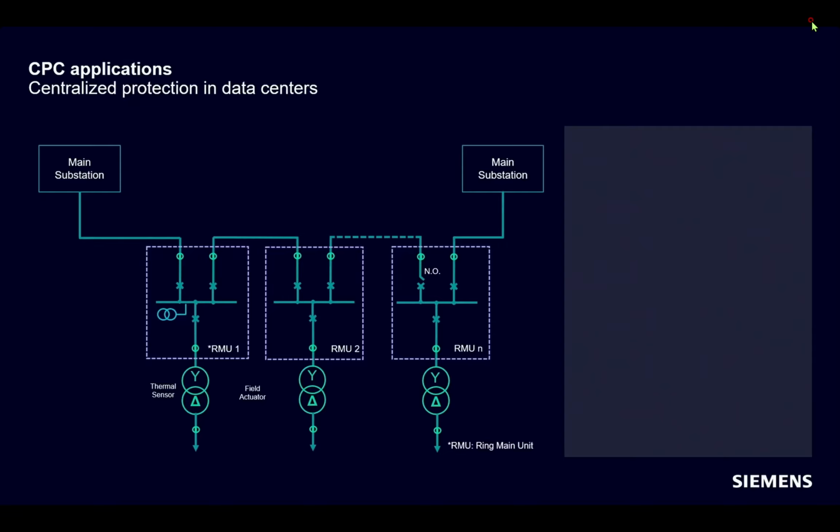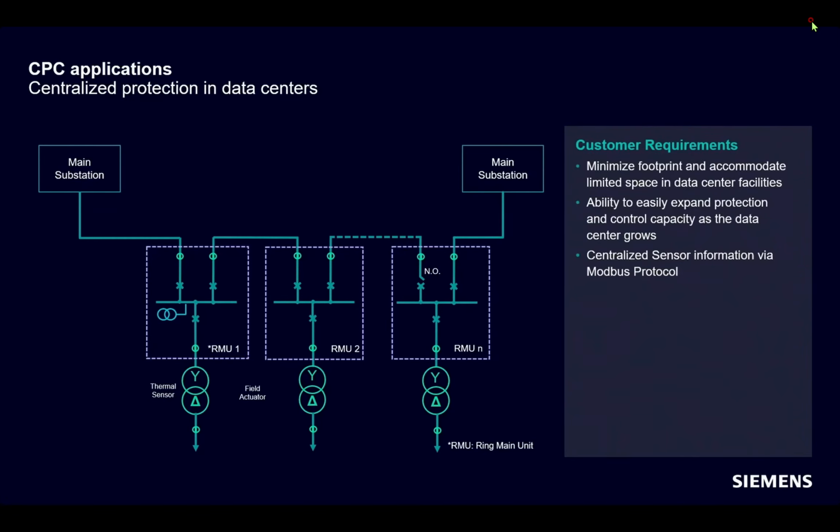All of them are connected, as you can see, and the first and the last RMU are directly connected to one or two different main substations. In some configurations, there is one open point that will be closed in the event of a failure inside one of the RMUs, after the fault is cleared.